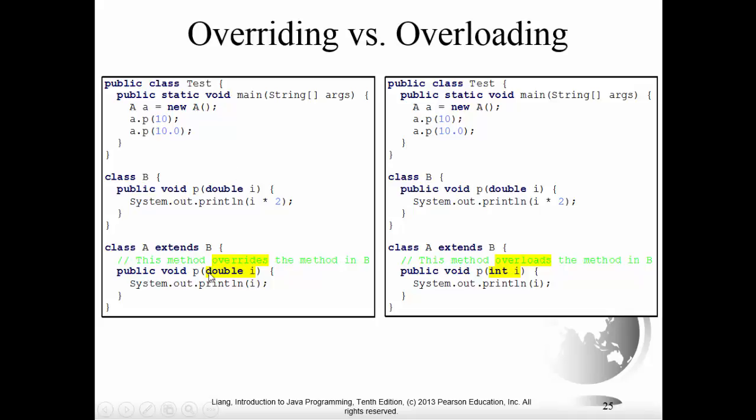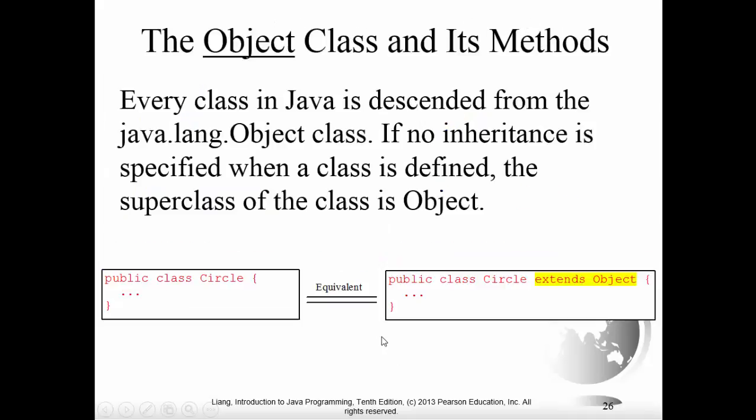So overriding is where we have the same method name in our child class, and we can do different things. Overloading is where we have the same method name, but we have a different parameter list, a different data value, so that we can specify the same method name with multiple different parameter types. Both of these methods allow us to save on coding and reuse our code and make it more flexible.